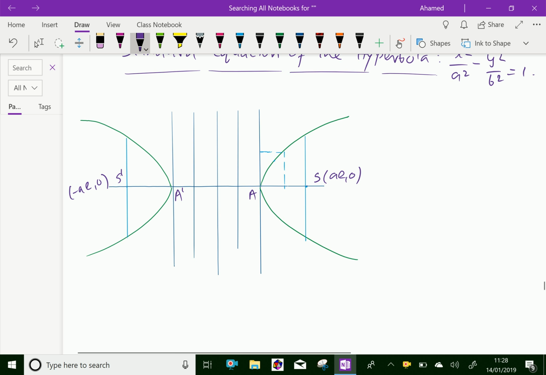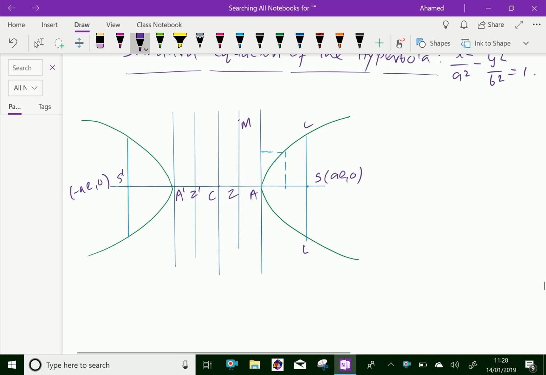Now here ZM, let it be the directrix, and C is the center. Here Z dash also. Now this L and L dash is a latus rectum.